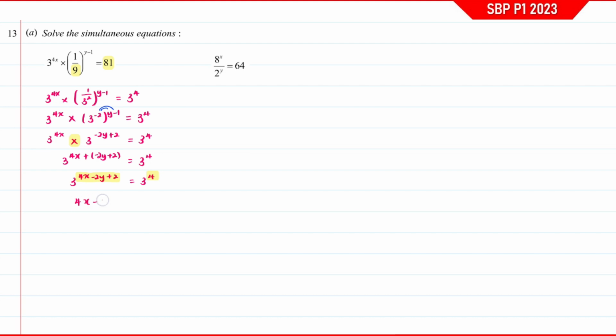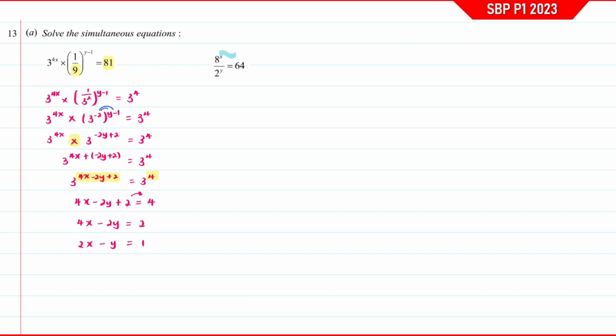Therefore, 4x minus 2y plus 2 is equal to 4. So here we can move the 2 to the other side. So 4x minus 2y is equal to 4 minus 2, which is 2. And we are able to simplify this equation by dividing every term by 2. Therefore, 2x minus y is equal to 1.